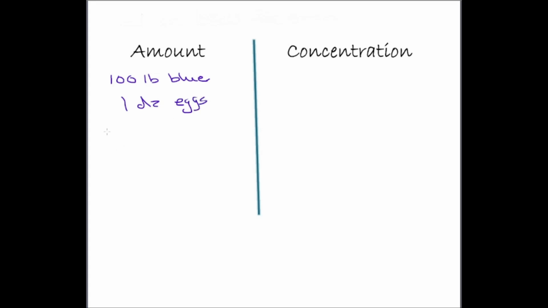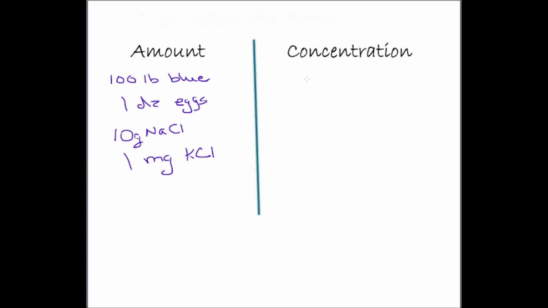To make it sound more like a lab, let's suppose we have 10 grams sodium chloride. That's an amount. Sodium chloride is ordinary table salt. Maybe we have 1 milligram KCl. Okay, all of these are amounts.